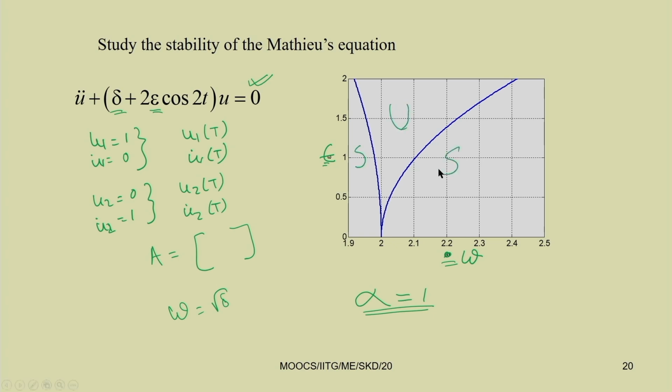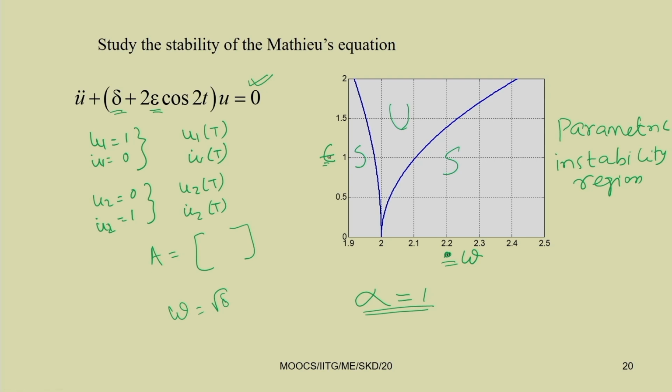This is known as the instability region, or otherwise the parametric instability region. On the transition curve, the response is periodic. Outside it, the region is stable, and this is the unstable region.